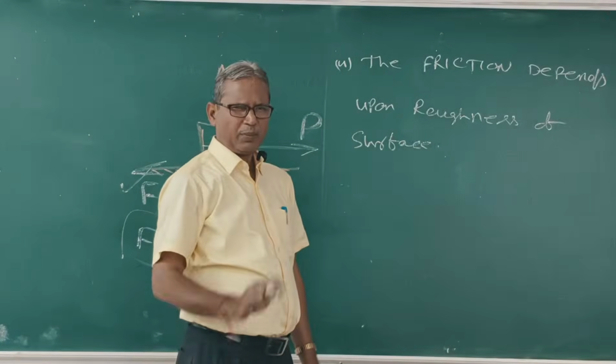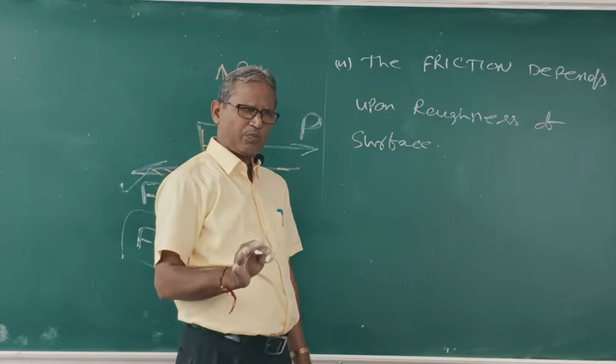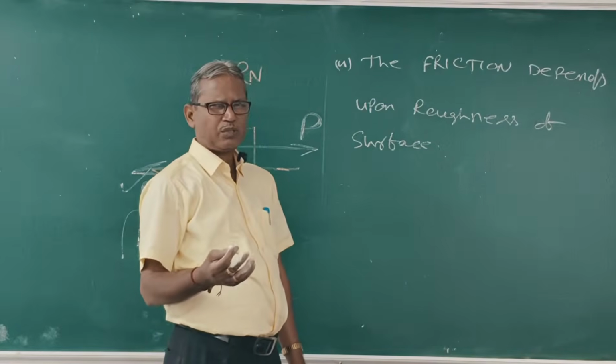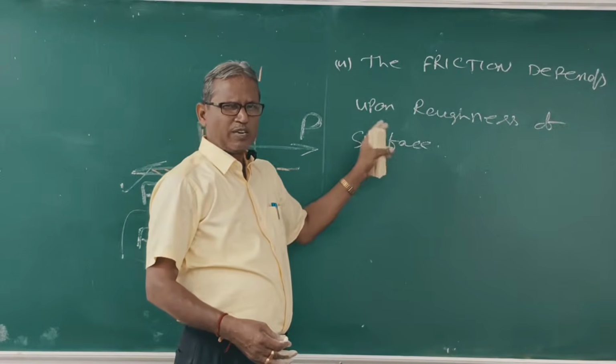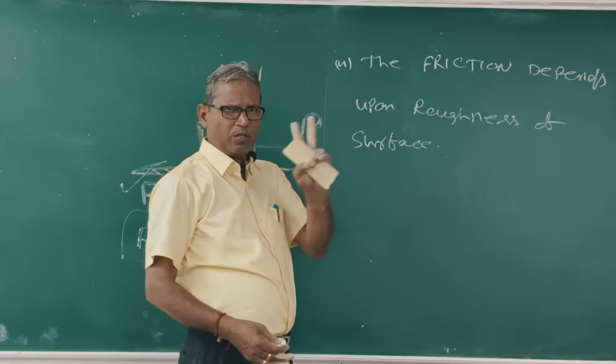If the surface is smooth, the friction force is less. If the surface is rougher, then friction is more. So the smoothness of the surface affects the force of friction.